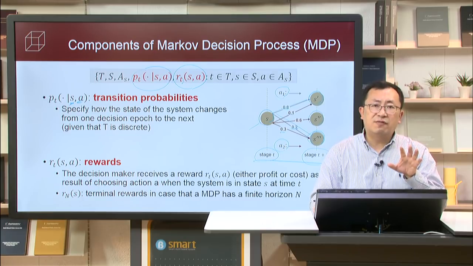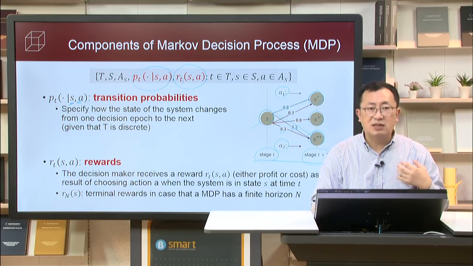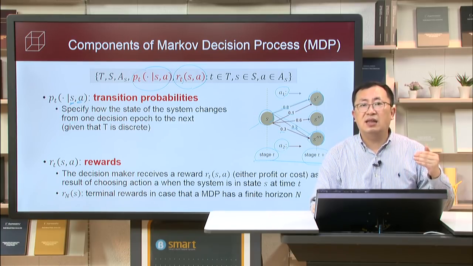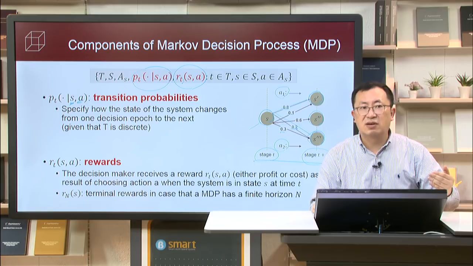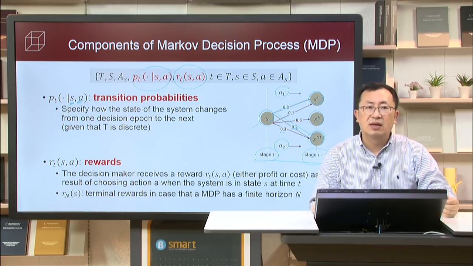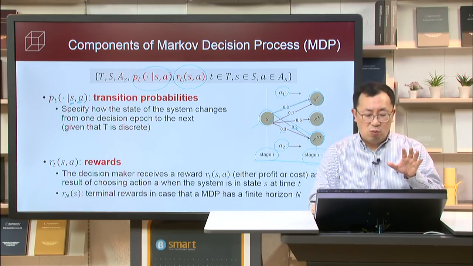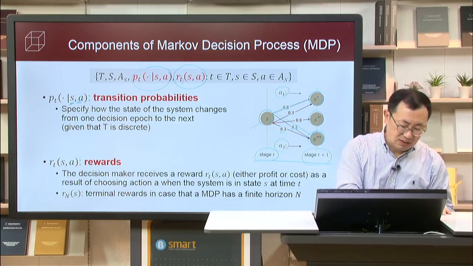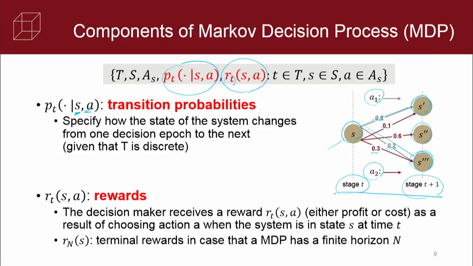And for the finite horizon Markov decision process, as already mentioned before, no decision is made at the last decision epoch. Hence, we additionally define a reward which only depends on the final state of the system. We call such a reward the terminal reward.